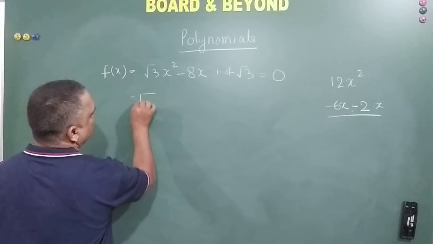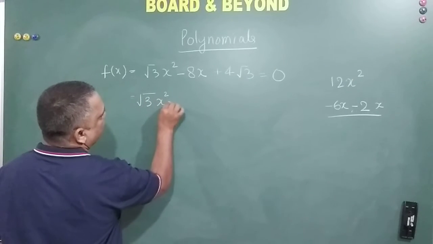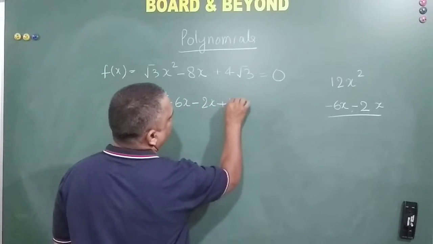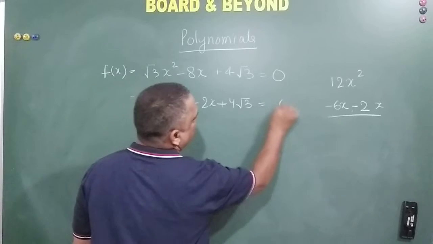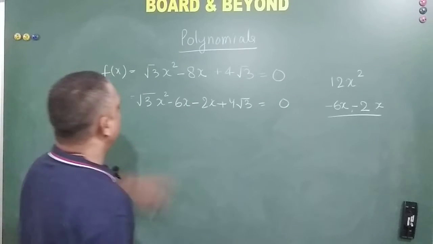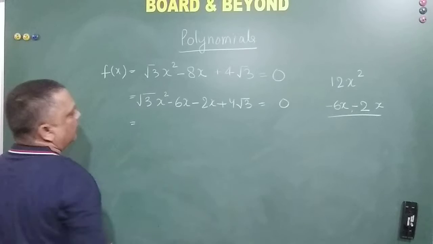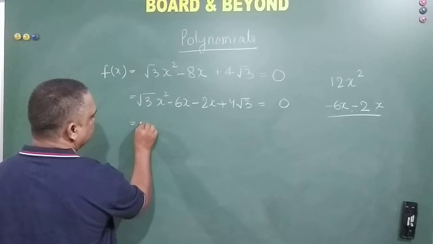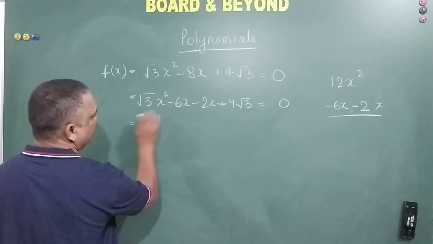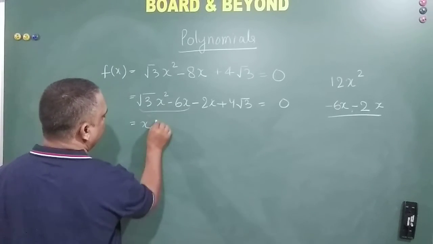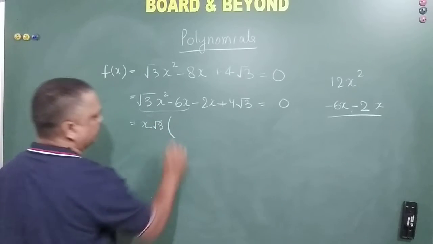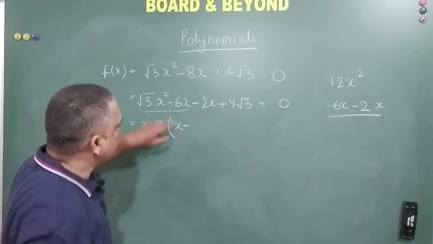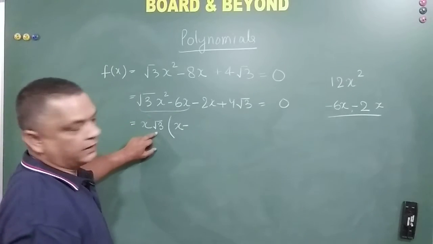So this is equal to root 3 x square minus 6x minus 2x plus 4 root 3 is equal to 0. You are getting it? Now from this and this, what all can we take common? So x we can take common from these two terms, right? We can take root 3 also common here. I'll tell you how. So this is x minus, now see, 6 divided by root 3.